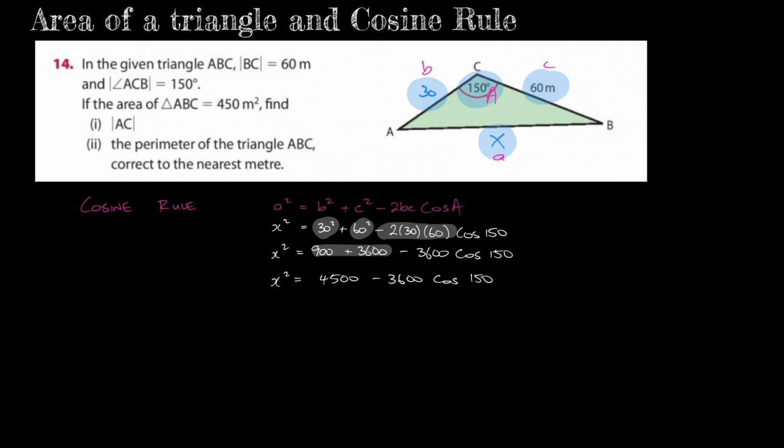At this stage, I can't simplify that any further, so I'm going to type all that into the calculator, and that, take away 3600 cos of 150, x squared will be equal to 7617.691454. So in order to get x by itself, we need to get the square root of both sides, and the square root of that gives us our answer.